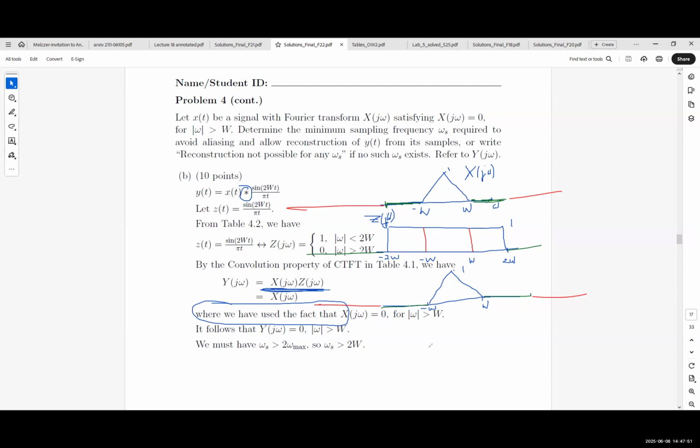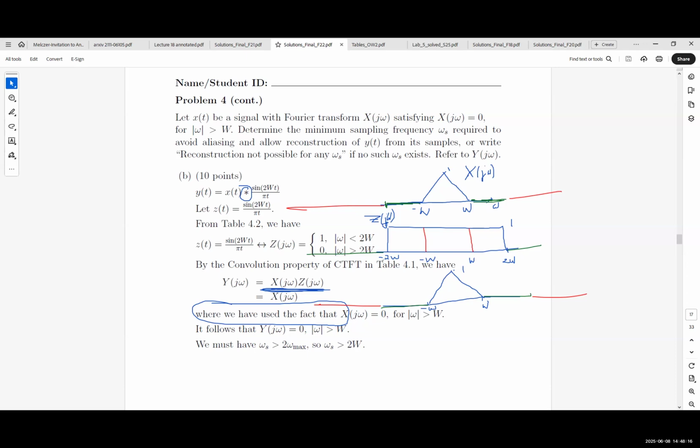I didn't realize that the way we figured out x of j omega being 0 for omega greater than w, or the limit of negative omega to omega, would be from the original signal. So okay, that makes sense. And then the omega max is because it's for y of j omega, right?